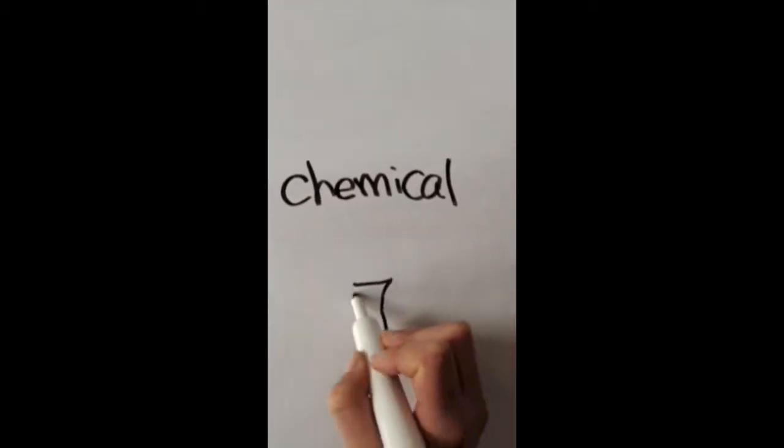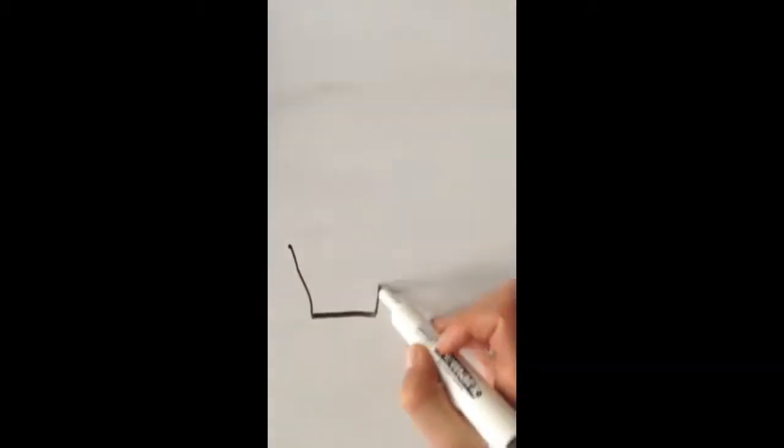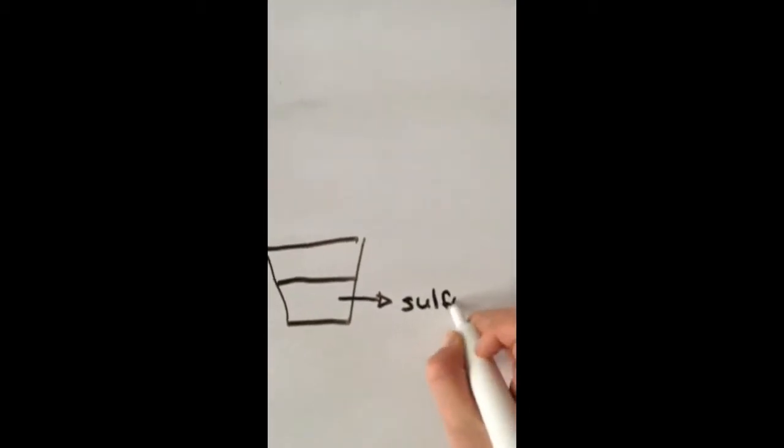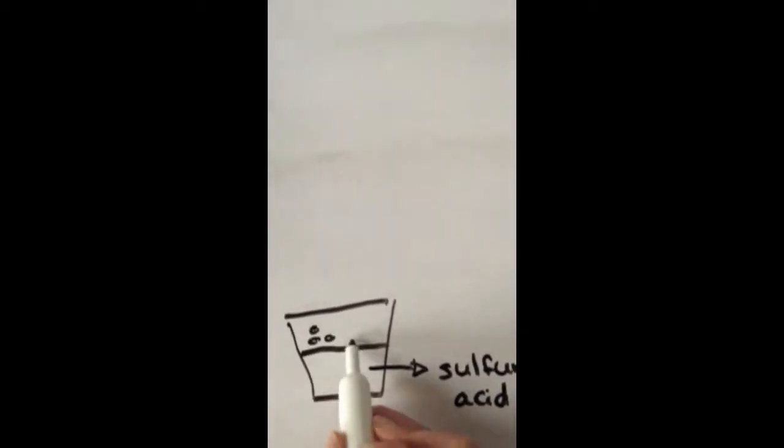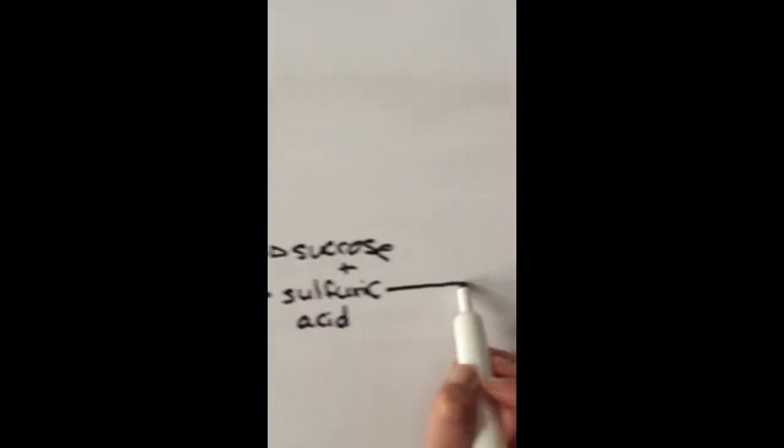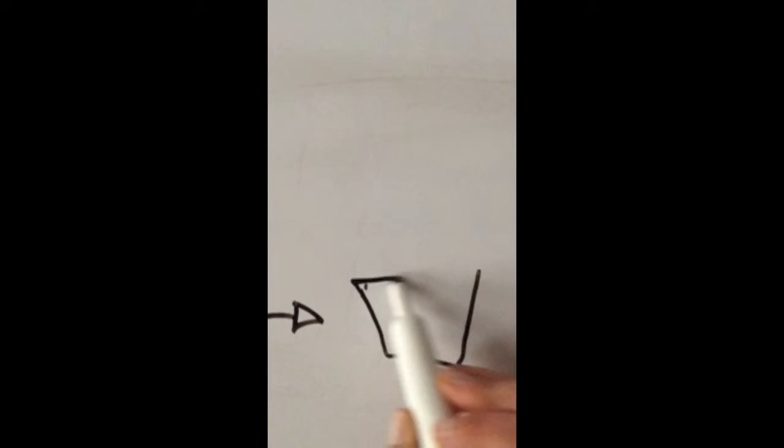Chemical properties of sucrose. Sucrose is reactive with acid, especially sulfuric acid. The product of this reaction is elemental carbon, as well as carbon dioxide, sulfur dioxide, and water.